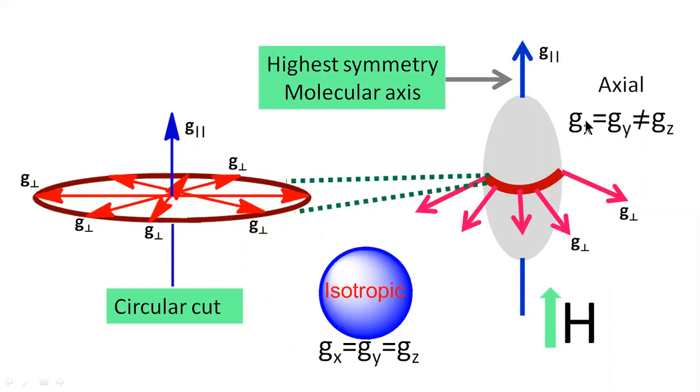Now in an axial system, you have a choice. The point is how to decide that choice. The choice is given by group theory.